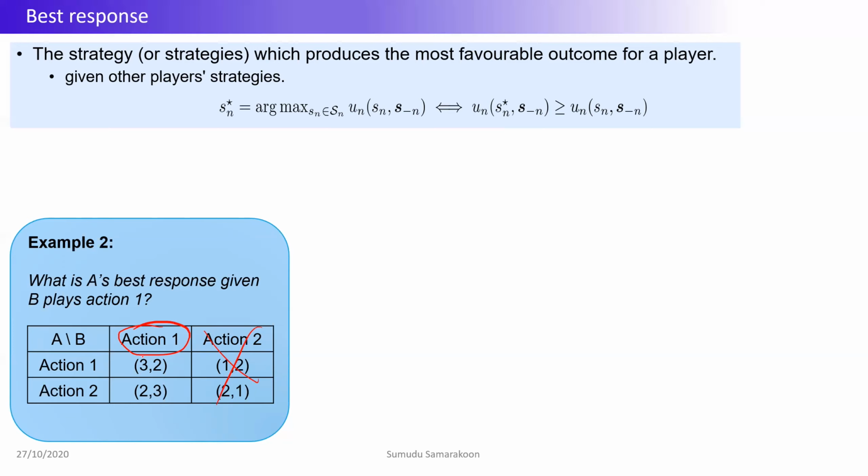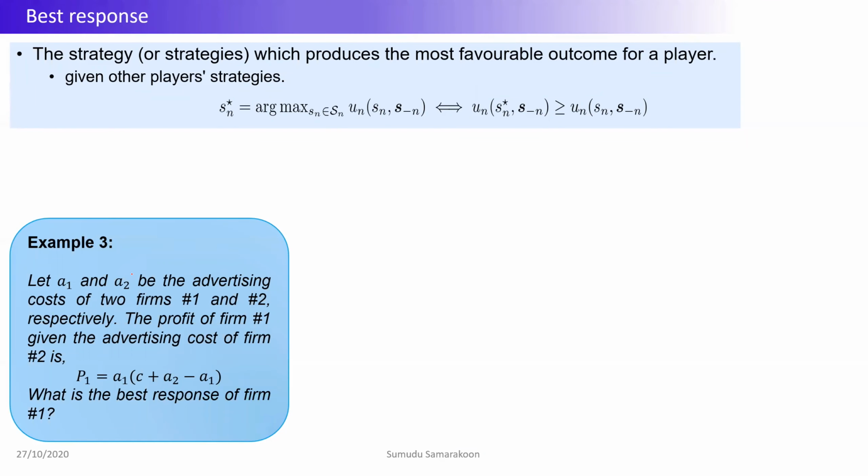Since A is interested in increasing his reward, this is the point we are interested in. So basically, he has to play action 1. You can play with different things. You can consider what happens if B plays action 2 and A plays action 1, what is the best response of B? You can check all these combinations in here.